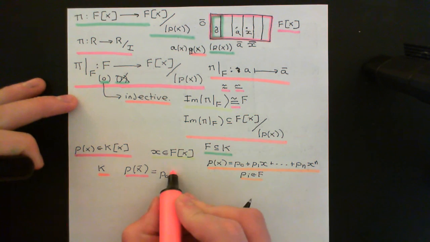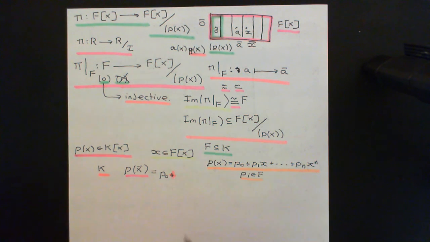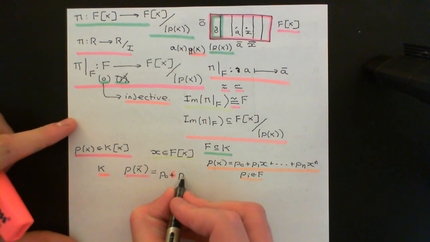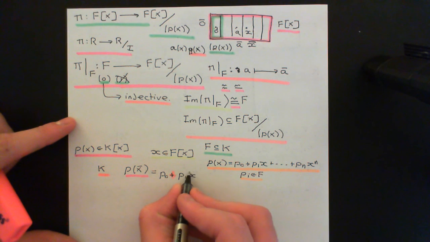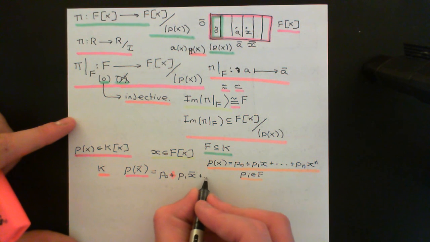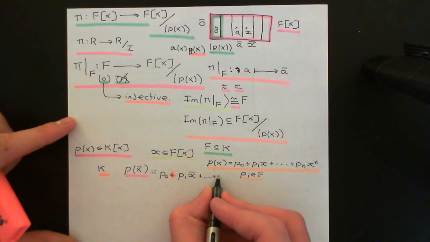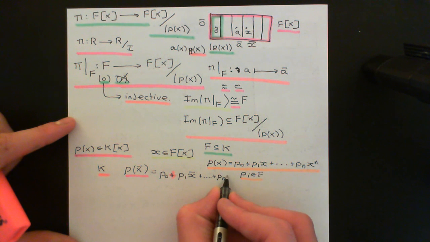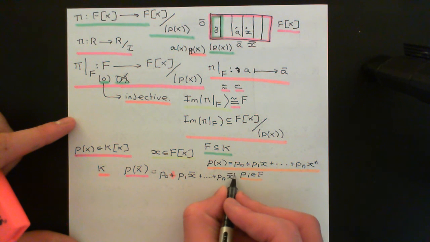So what we'll have to do is take p0 plus p1 times x bar, plus all the way up to pn times x bar to the n.